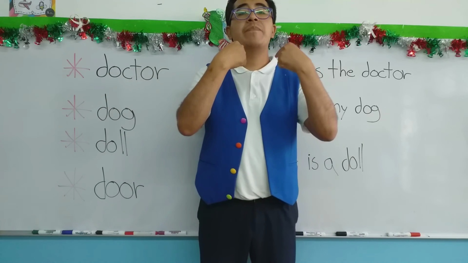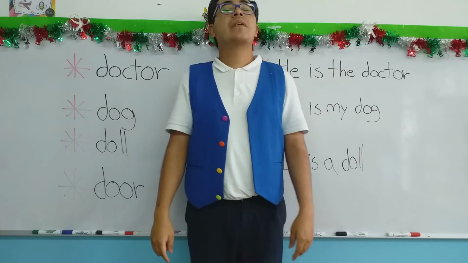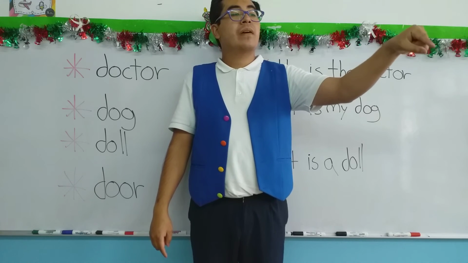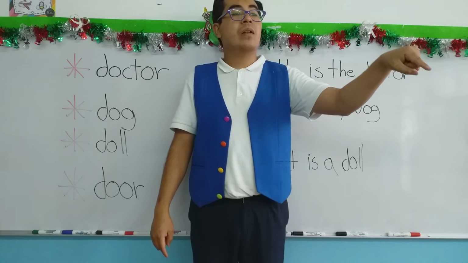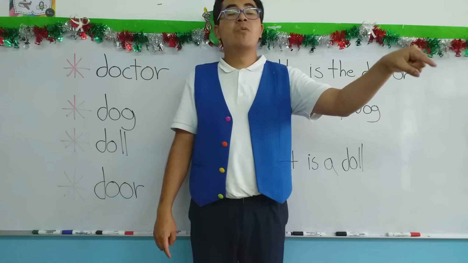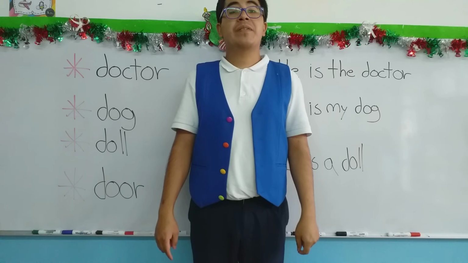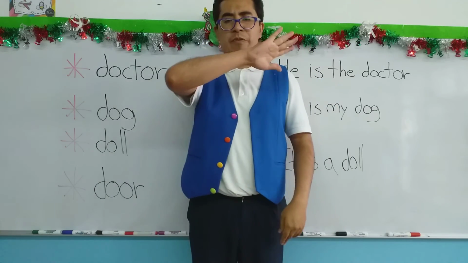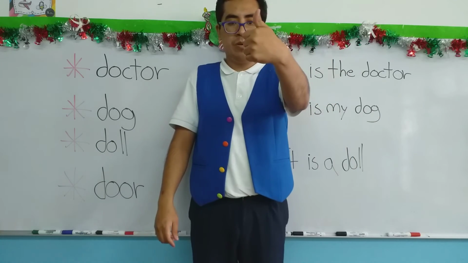Es mi perro. It is a doll. Es una muñeca. Very good. Excellent, my children. You are talking like professionals, like the teacher Jacob.